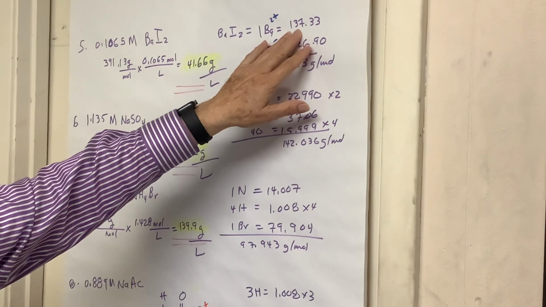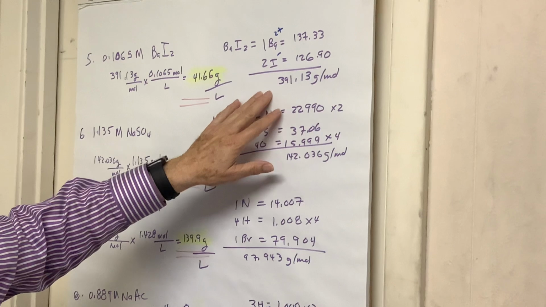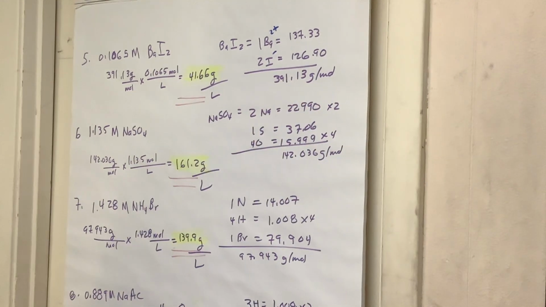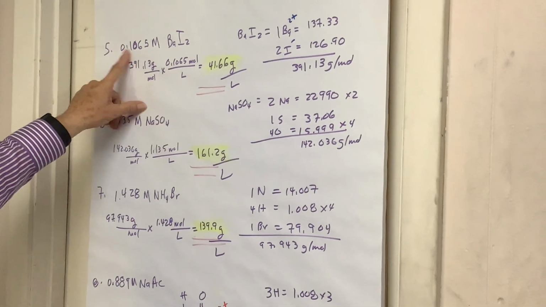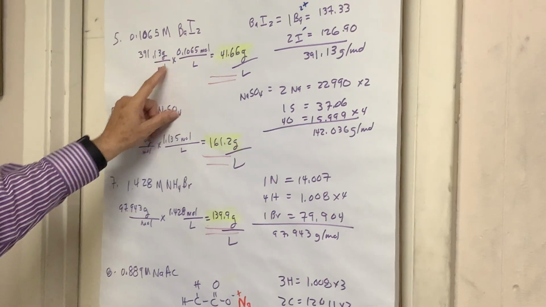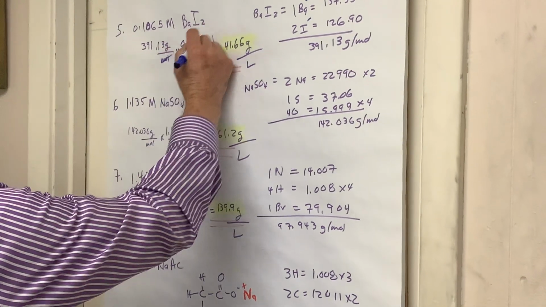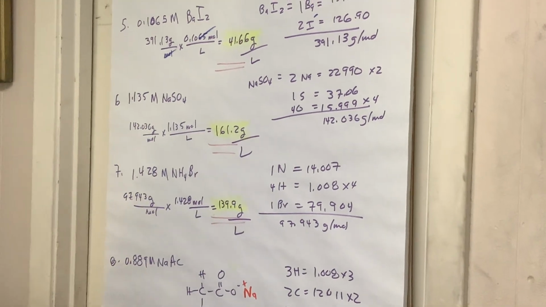Barium is 137.33 grams per mole. I have 2 iodines, so it adds up to 391.13 grams per mole, times my concentration. This big M means moles per liter. My moles will cancel, and I'll end up with 41.66 grams per liter.